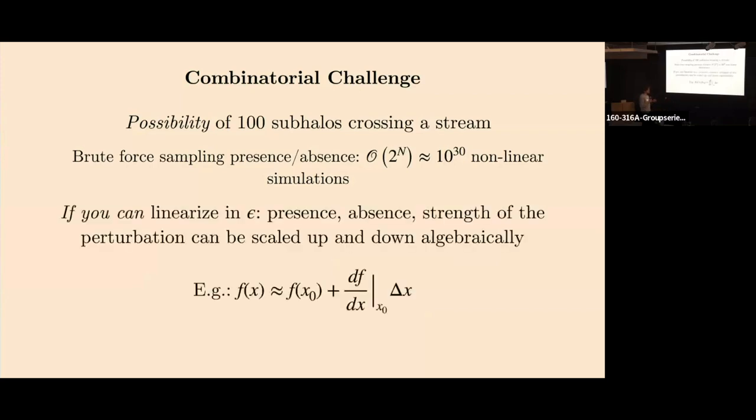But the subhalos really act as small scale perturbations on the stream. So if you can linearize the effect of the subhalo on the stream, then you've reduced it from having to do these huge sets of nonlinear simulations down to algebraic operations, which are very computationally efficient. A Taylor expansion is really all that I'm getting at.